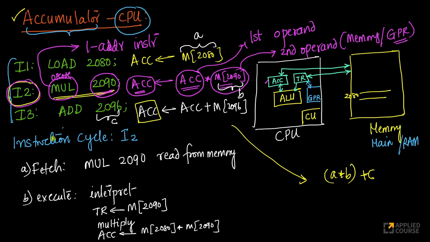Okay, very simple. Now if you look at the instruction cycle itself, let's look at instruction 2. Let's look at this multiplication instruction. How does it actually work? The instruction cycle has two components, the fetch cycle and the execute cycle. In the fetch cycle, this is what is there in memory initially, mul 2090. Let's assume this is stored in 1 byte.